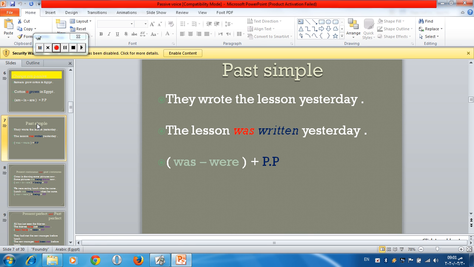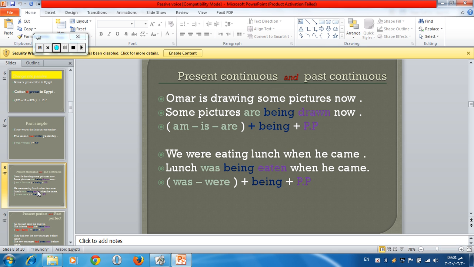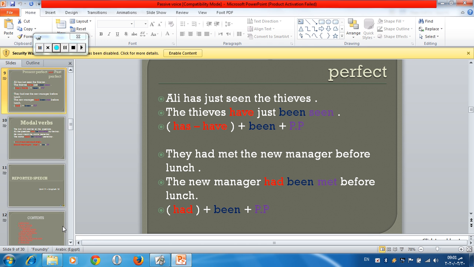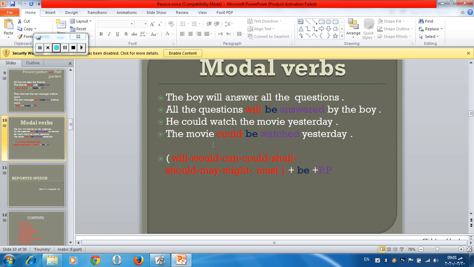We started with the lesson was written yesterday, so I used was or were plus past participle. Also, we learned about present continuous and past continuous using am, is, are plus being plus past participle, and was or were plus being plus past participle. After that, the perfect tenses: has or have plus been plus past participle, then had plus been plus past participle. I also told you about the modal verbs, and that the rule is to use will, would, or the modal verbs generally, plus be plus past participle.